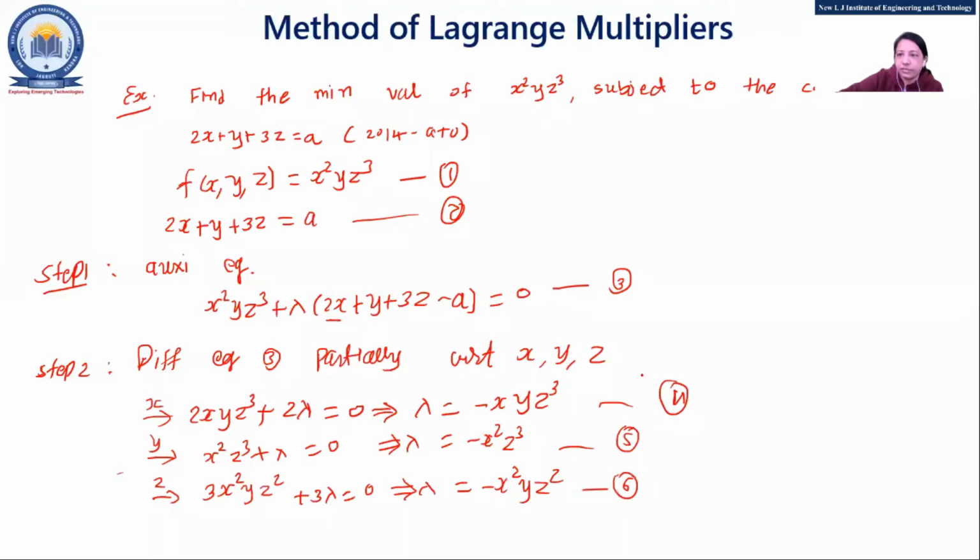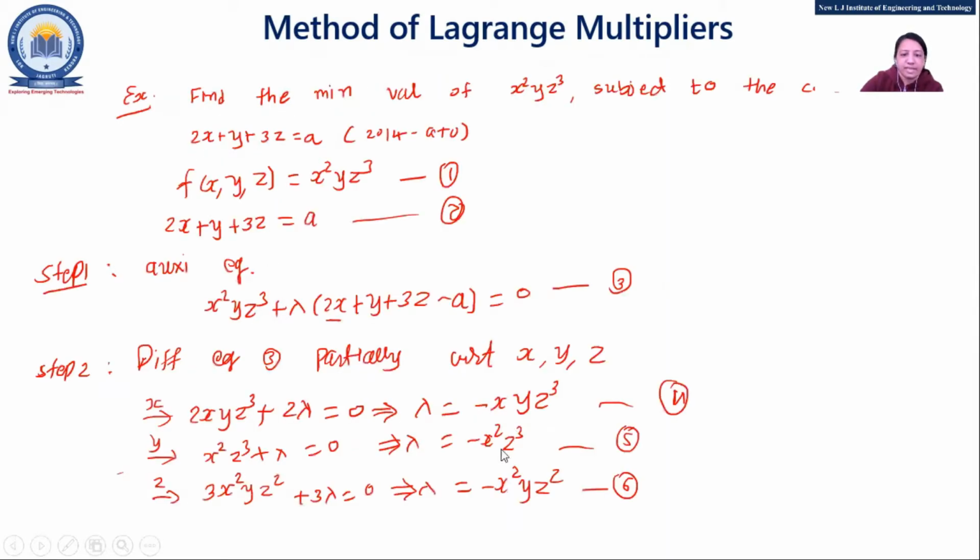Now the next thing is what? I'll be having equations 4, 5 and 6. So all are lambda. From equations 4, 5 and 6 you can see that all are lambda.